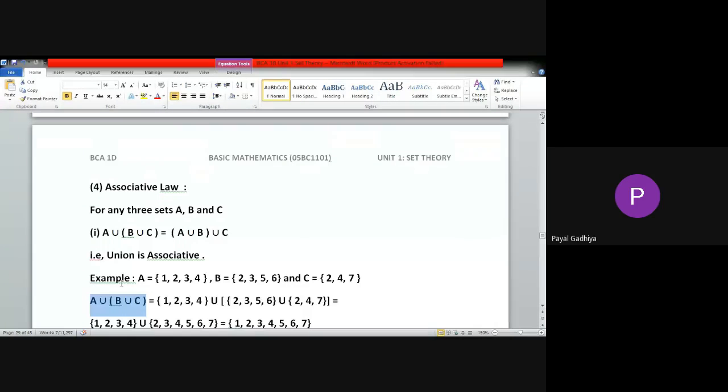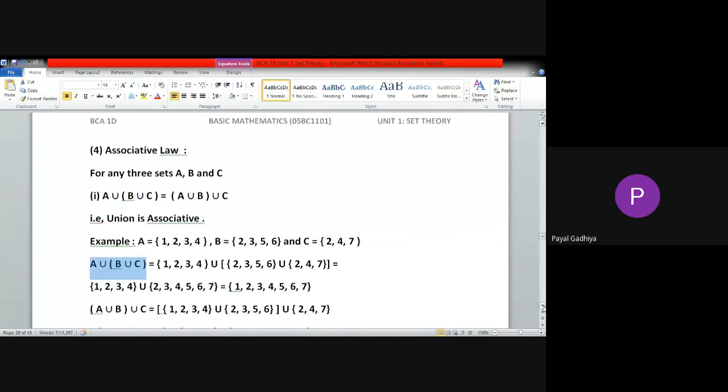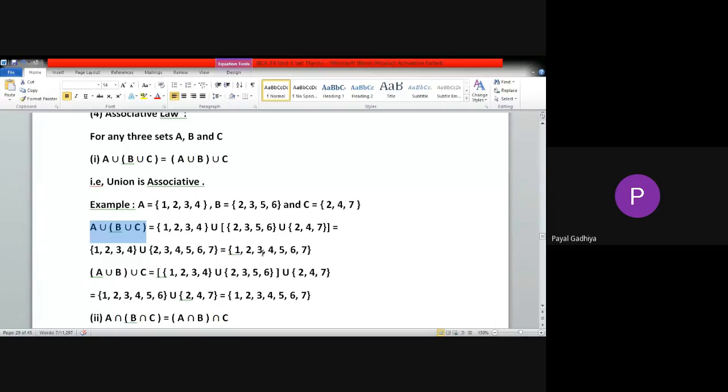B union C will be 2 3 4 5 6 7. Yes, and then A union B union C will be 1 2 3 4 5 6 7.